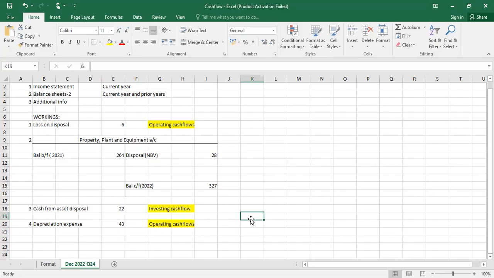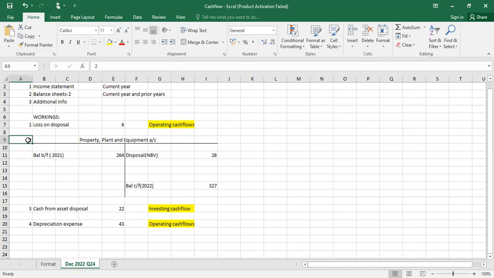So at the same point that we shall adjust for the loss on disposal as an operating cash flow, we shall also adjust for the depreciation expenditure. Remember, in the statement of cash flow we call these the non-cash items. But again, you have to note that depreciation is normally on the property, plant, and equipment, whose account we are preparing in this working number 2.